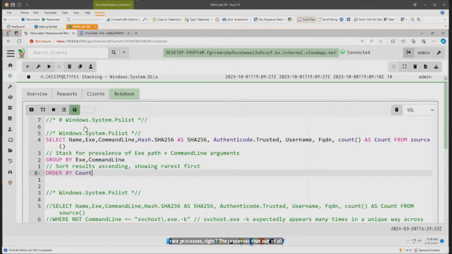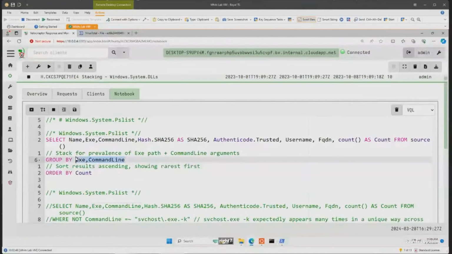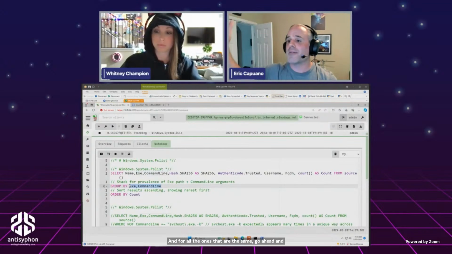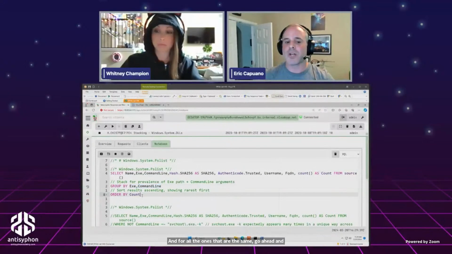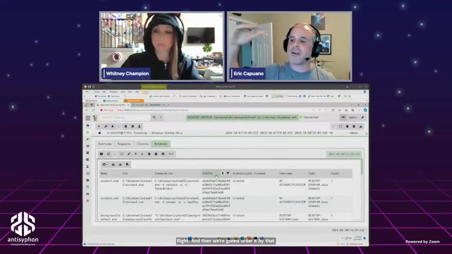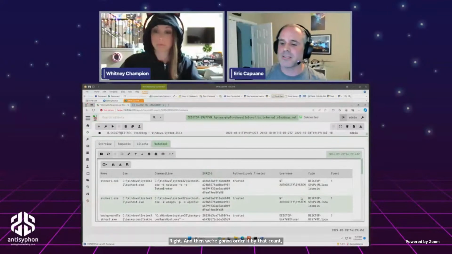I'm basically doing a grouping exercise where I group all the processes based on their executable path and their command line arguments. For all the ones that are the same, go ahead and stack those up and just count them, so I know how many of them there are. Then we're going to order it by that count, which is going to put the most rare entries at the top of my list.